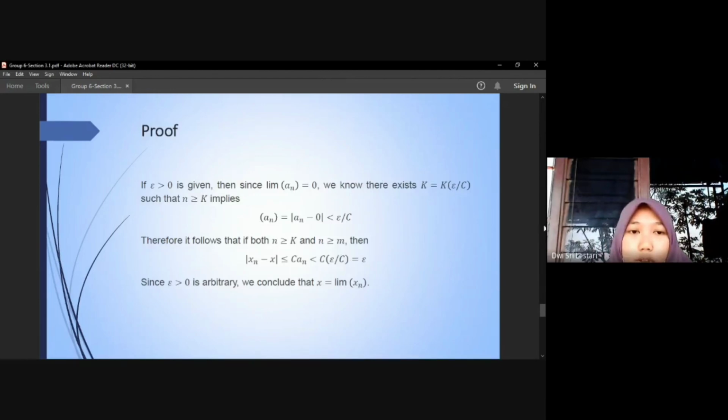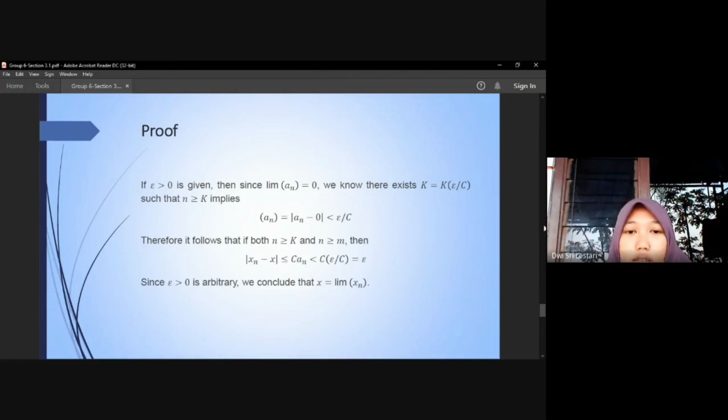For the proof, if epsilon greater than 0 is given, then since limit an equals 0, we know there exists K equal to K(epsilon over c) such that n greater than or equal to K implies absolute value of an minus 0 less than epsilon over c.